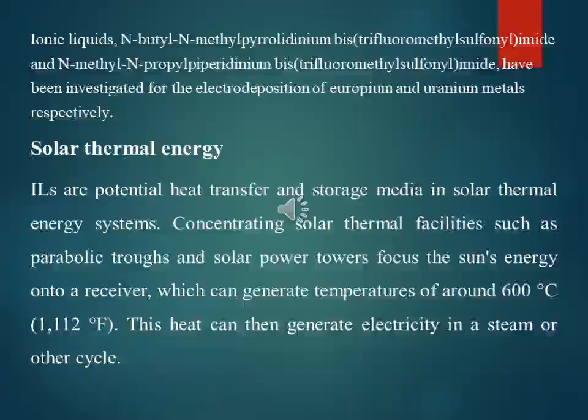Ionic liquids N-butyl-N-methylpyrrolidinium-based trifluoromethanesulfonyl imide and N-methyl-N-propylpiperidinium-based trifluoromethanesulfonyl imide have been investigated for the electrodeposition of europium and uranium metals respectively.